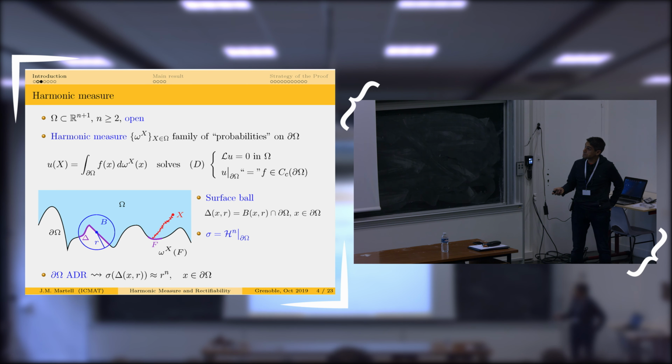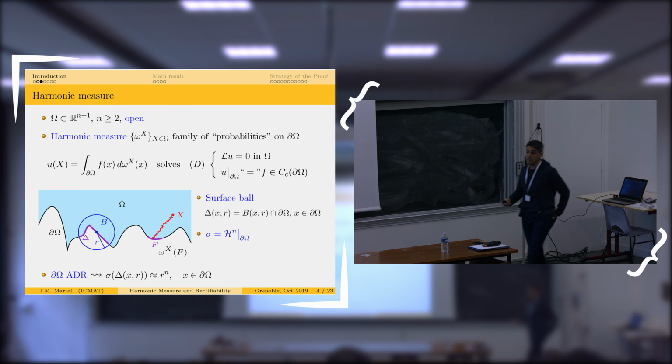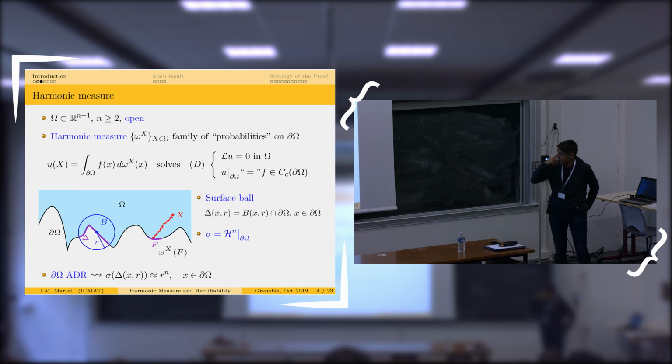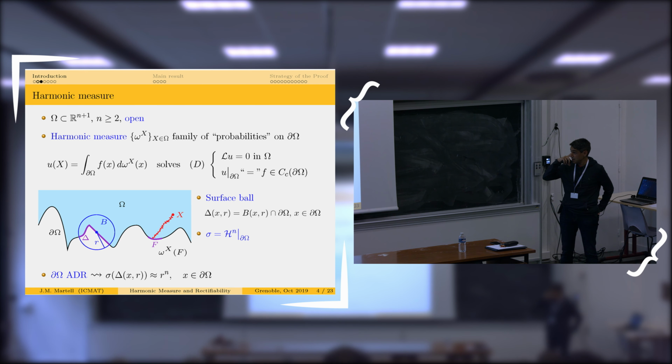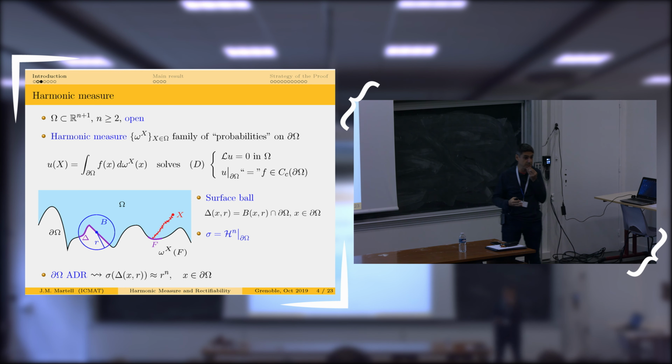Okay, so the harmonic measure is not a measure, it's actually a family of measures indexed by the points in the domain. And I say probability, in quotes, because this depends on the domain. If the domain is bounded, the harmonic measure is a probability. If the domain is unbounded and the boundary is unbounded, it's a probability.